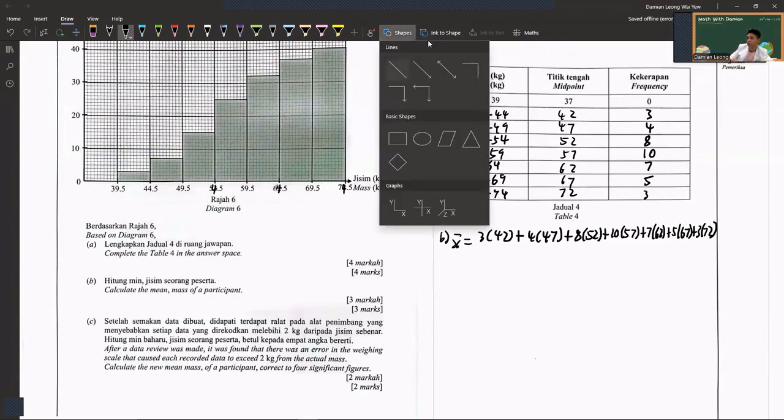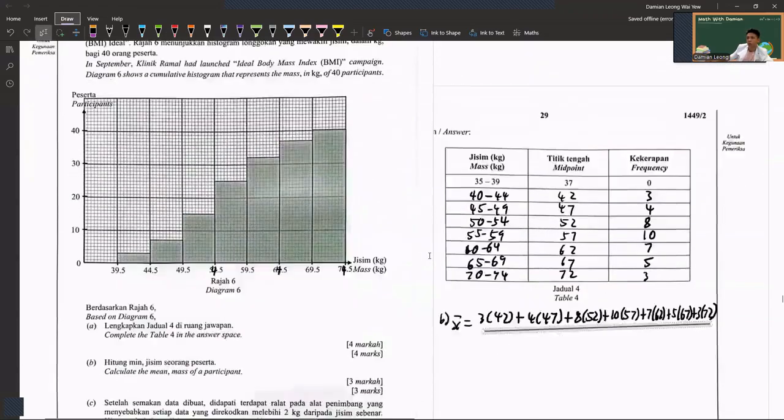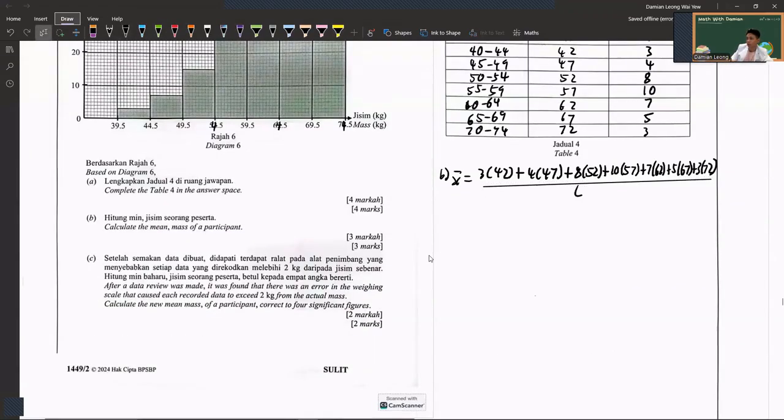Okay, over the total frequency. Total frequency, actually, we don't need to count. We should already know is 40. Because the highest cumulative frequency would be the total frequency.